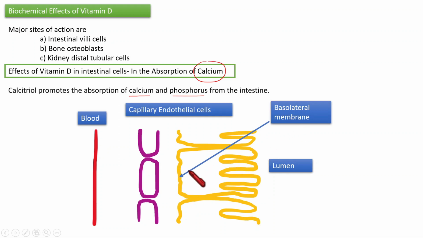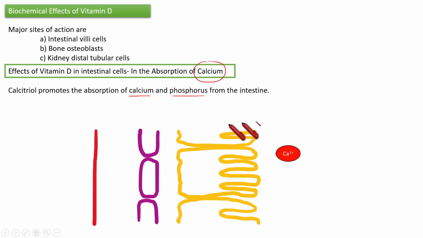We need to understand that the basolateral membrane is also very important. Through this space, the movement of calcium takes place. That's why I am mentioning the basolateral membrane. As calcium reaches the lumen, from the lumen it can cross the brush border of the intestinal mucosal cell passively.